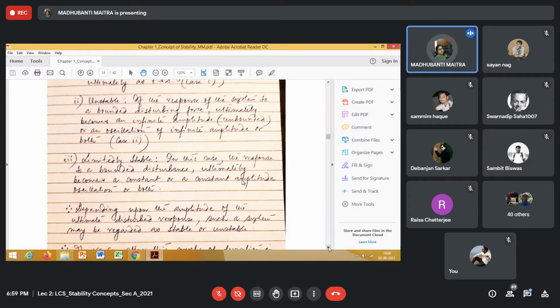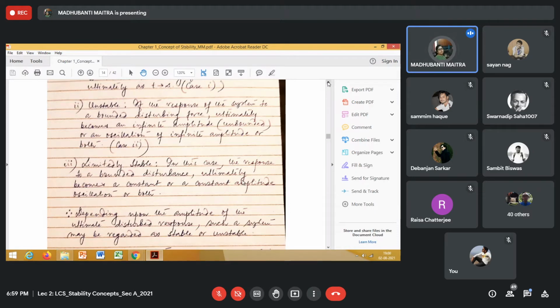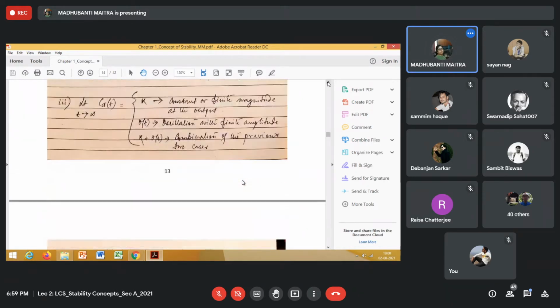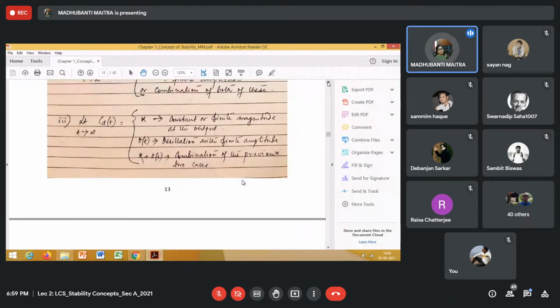So, why can the system not be classified as a stable one or an unstable one? Because at the output of the system, if the control system engineer can allow this amount of deviation at the output, then yes, you can work with that particular system.